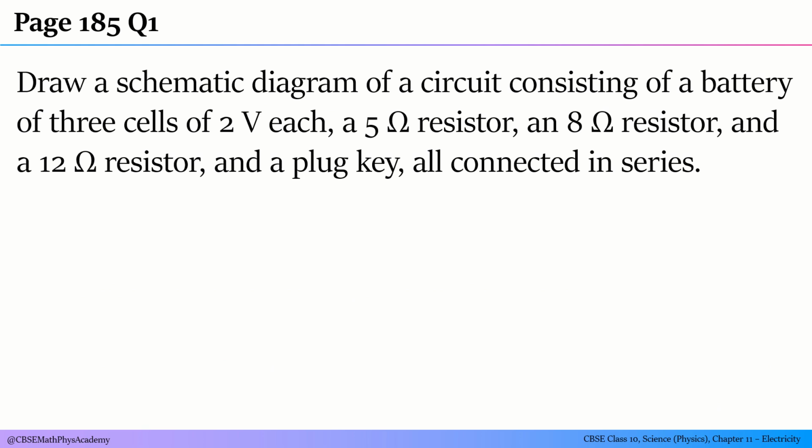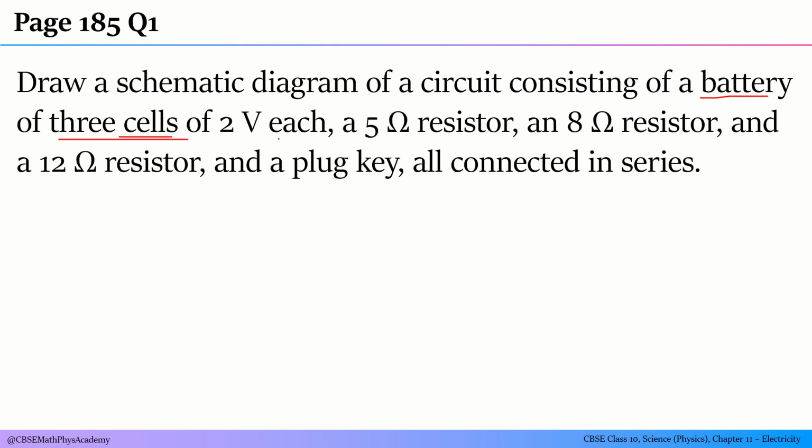Then page 185, question 1. Draw a schematic diagram of a circuit consisting of a battery of 3 cells of 2 volts each, a 5 ohm resistor, an 8 ohm resistor and a 12 ohm resistor and a plug key, all connected in series. In our lesson on circuit diagrams and schematics, we discussed that a cell is the lowest component and a couple of cells together make a battery.